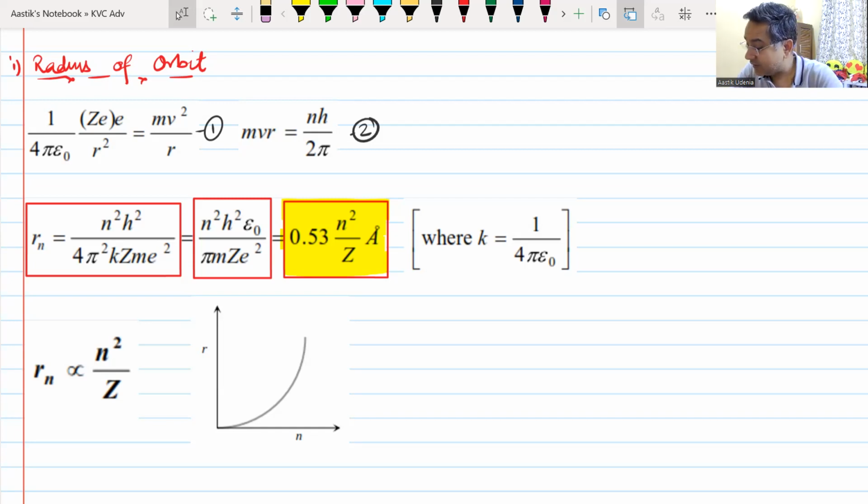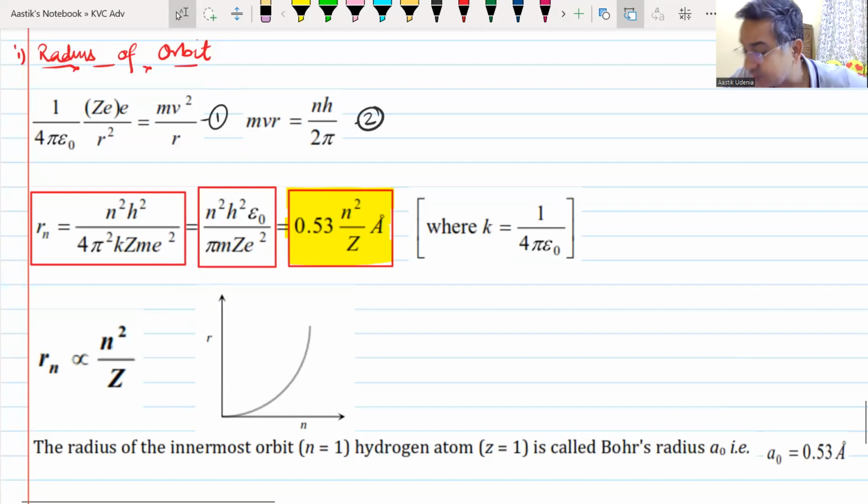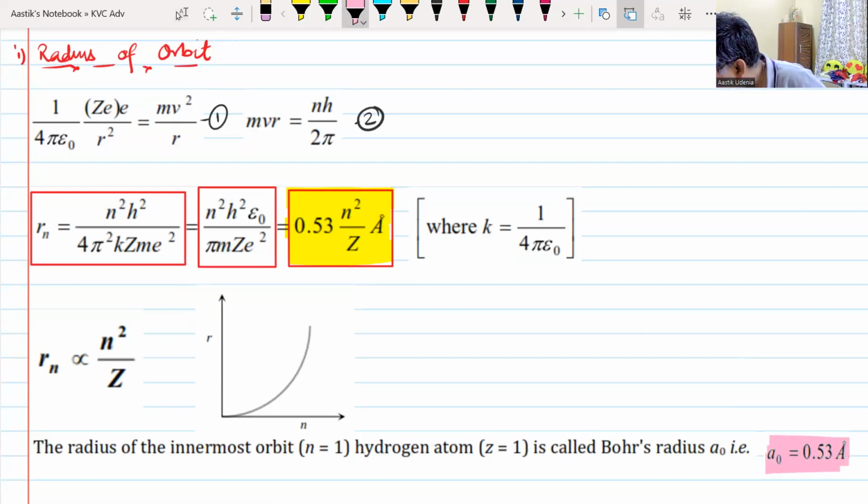So remember, this 0.529 or 0.53 is also known as Bohr's radius, and the value of this Bohr radius is equal to 0.53 Armstrong unit, which is coming on your screens now. Do we see this? Yes. I'll give you 2 minutes. Take a deep breath. Note down these formulae very, very carefully.